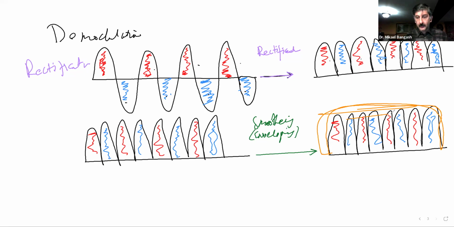So that's going to be your smoothing or enveloping.